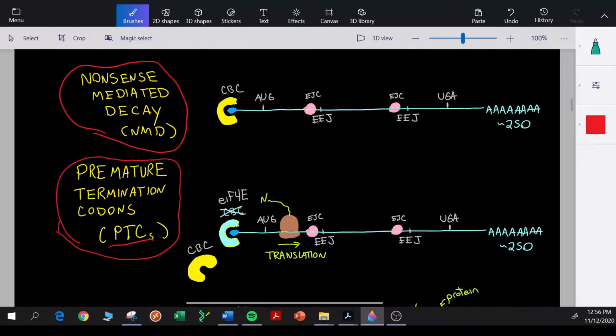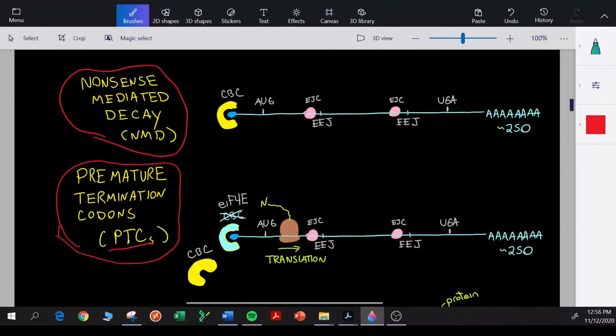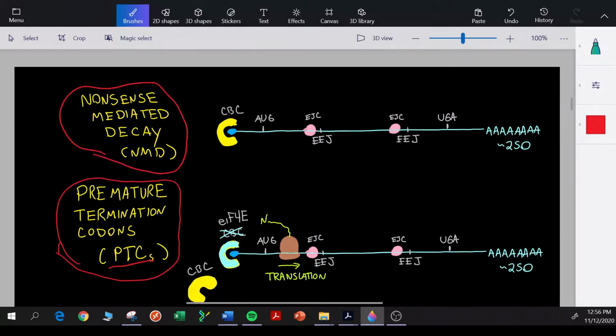So just a quick review on NMD in case you are hopping into this video and you didn't watch any of the previous ones. Up here at the top, I have a messenger RNA diagrammed. This messenger RNA has the cap, with the cap binding complex bound to it.